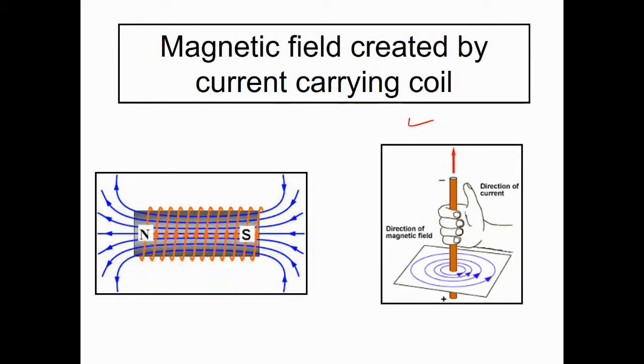When you hold the wire, the thumb indicates the direction of the current, and the curved fingers indicate the direction of the magnetic field lines. So whenever a wire carries current, it is surrounded by magnetic field lines. That means it must have magnetic field lines when it is carrying current.